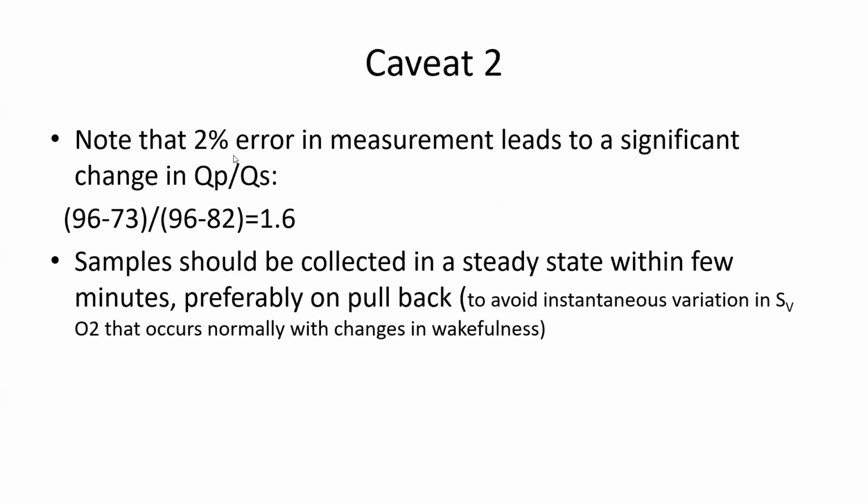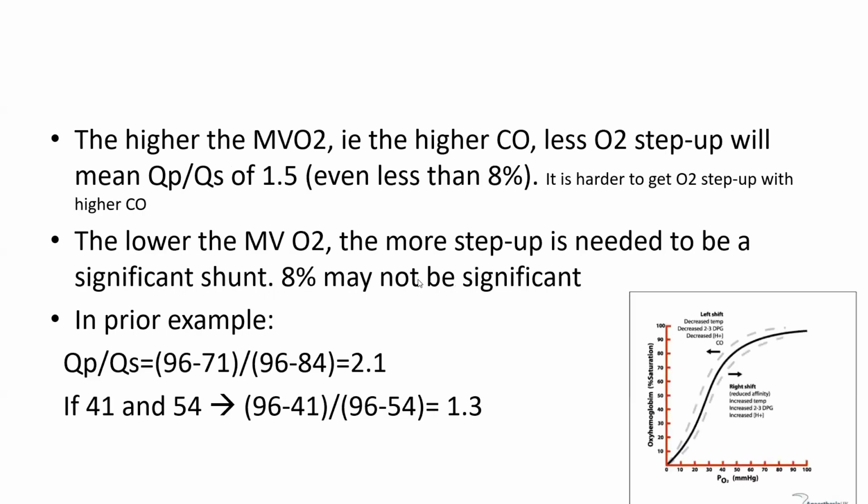Another caveat in QP/QS measurement is you really need to do your measurements simultaneously. That's why I like to sample the PA and the SVC simultaneously. I sample the high SVC from the sheath and the PA from the catheter tip simultaneously. When you do them non-simultaneously, even a few minutes difference in sampling can create instantaneous variability in the O2 saturation.